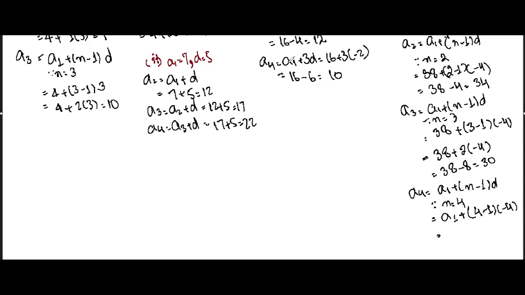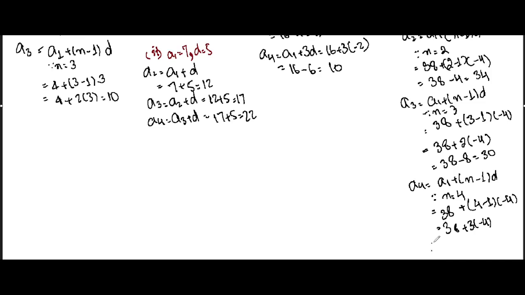A1, sorry, is 38. Let's erase it and write 38 instead. 38 plus 3 into minus 4, which is equal to 38 minus 12, which is equal to 26. We are done with the fourth part.